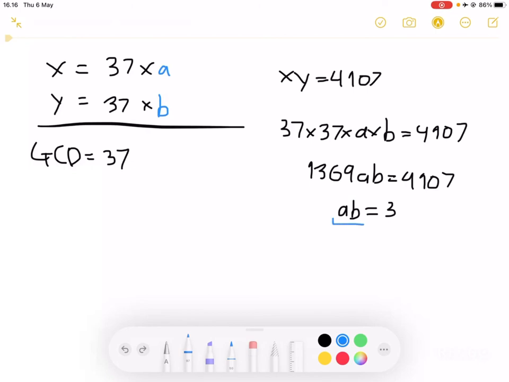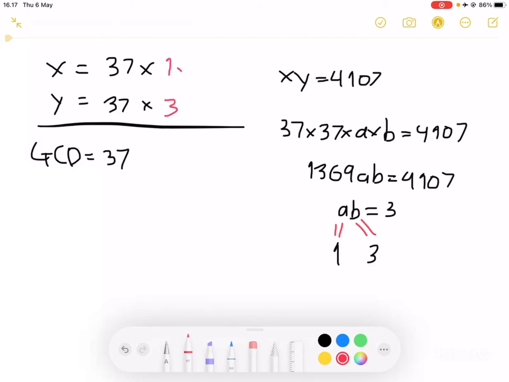The only two integers that when multiplied give us 3 would be 1 and 3. And good thing here, they are both co-prime. So we can just set one of these to be a and one of these to be b. Therefore, we can replace each of these to be 1 and 3.